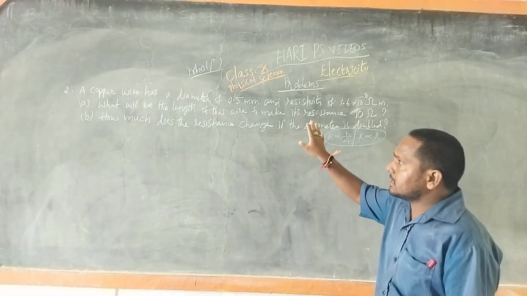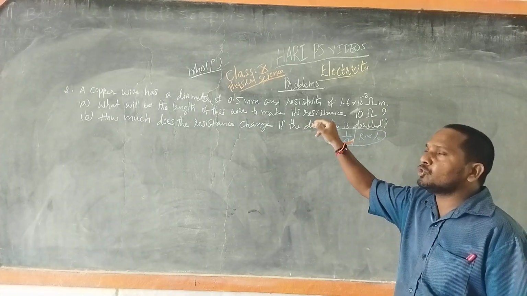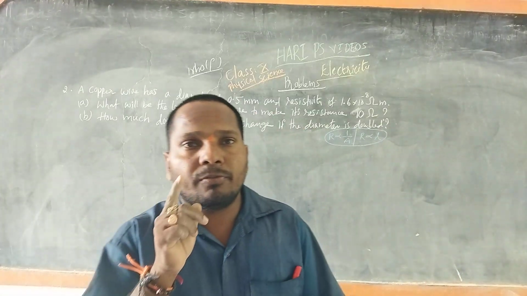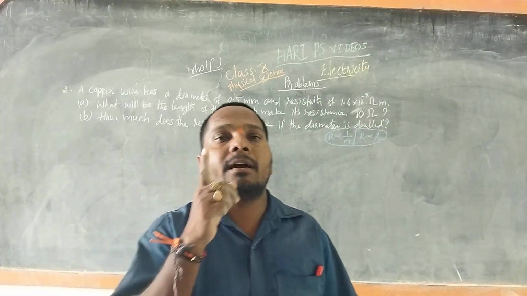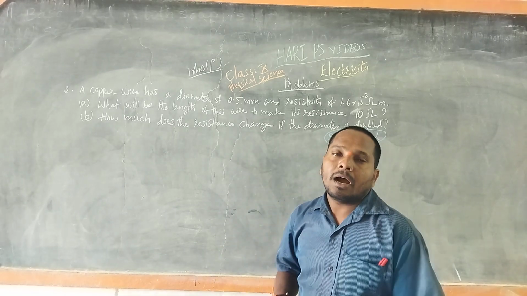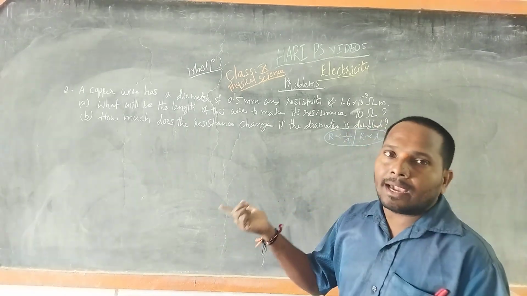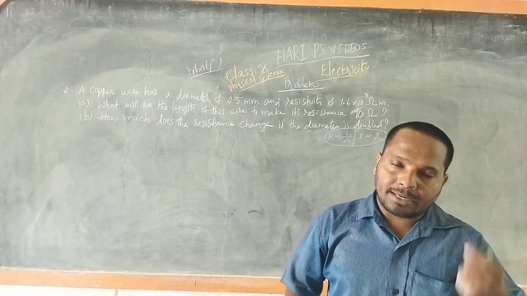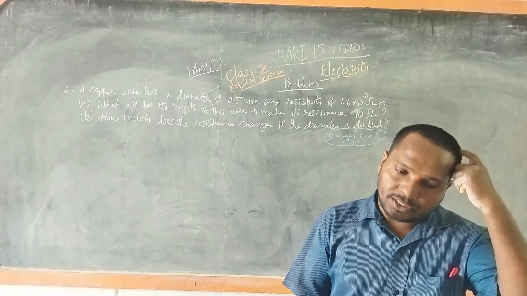But in this problem there is no area of cross section, so we need to calculate the area of cross section first, and after that calculate the length.